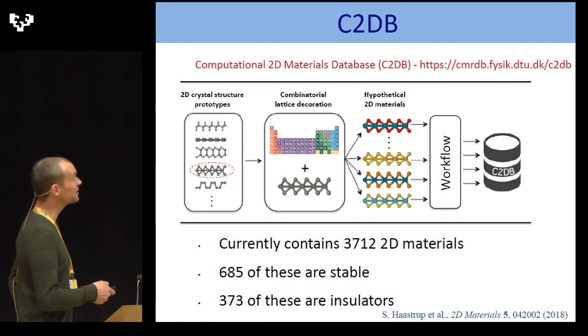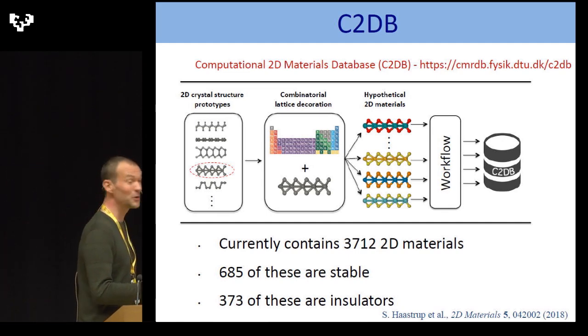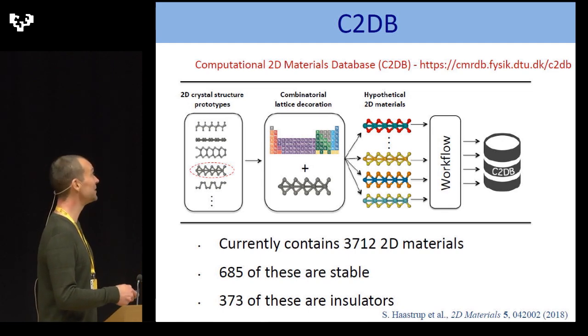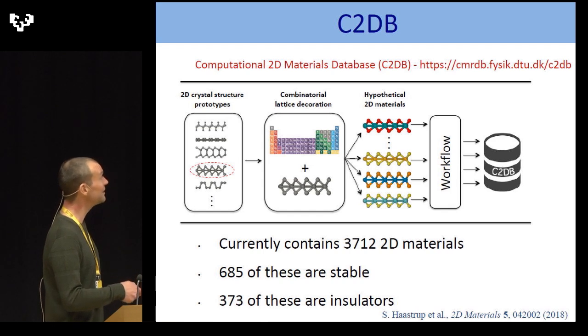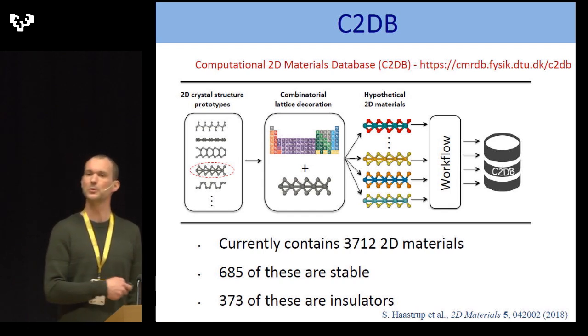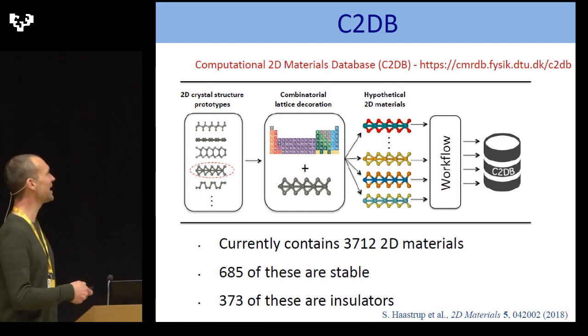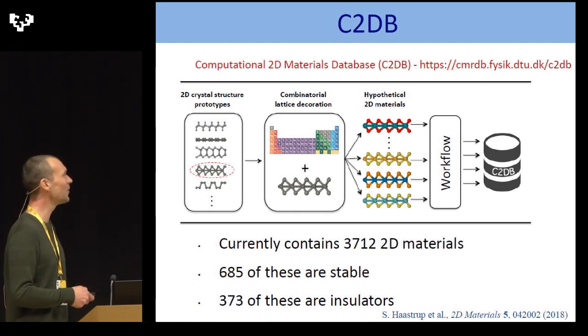Okay, so the computational 2D materials database, it's purely computations. And the idea is very simple, maybe even a bit naive. We just take a lot of known 2D materials, and we characterize them by a particular prototype, with graphene, MoS2, and so on. There's a lot of different of these. And then we do a combinatorial lattice decoration.